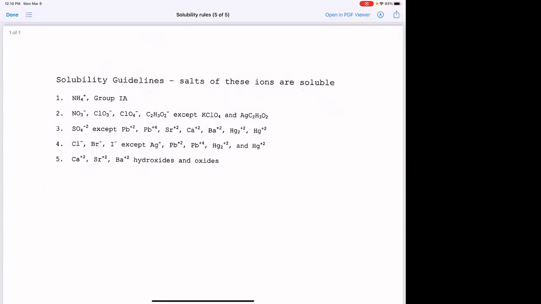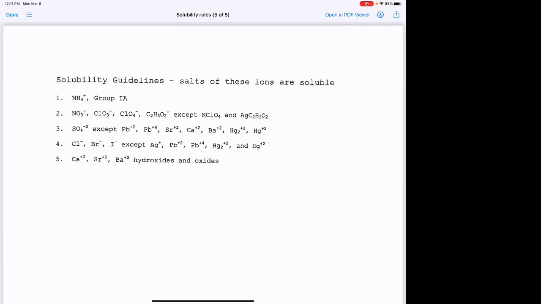Okay, so there they are. Basically the way this chart works is it tells you that the salts of these ions are soluble. So what this table is doing is telling you what is soluble. Any of the exceptions that you see in here are telling you that something is insoluble. Another thing to keep in mind when you use this table is that it's hierarchical.